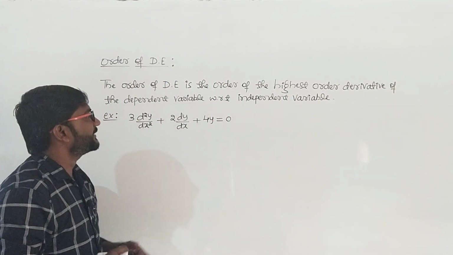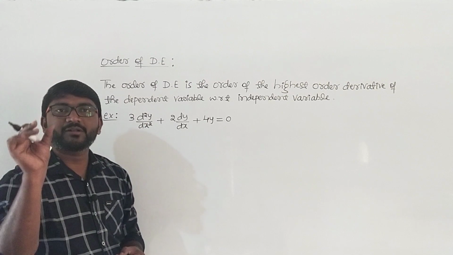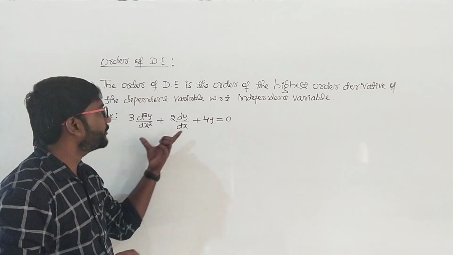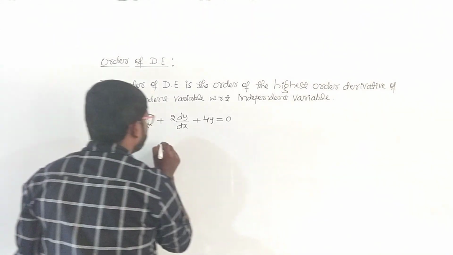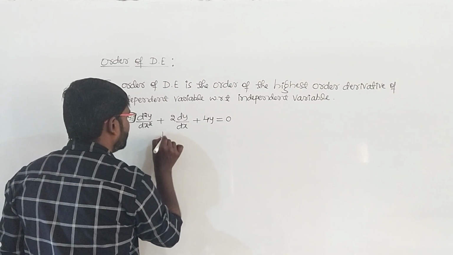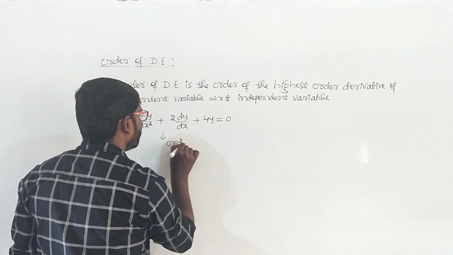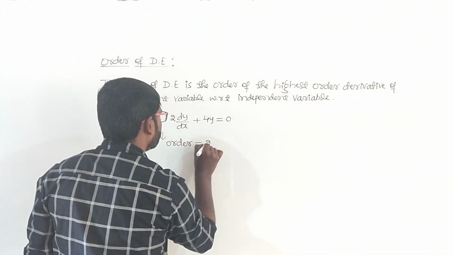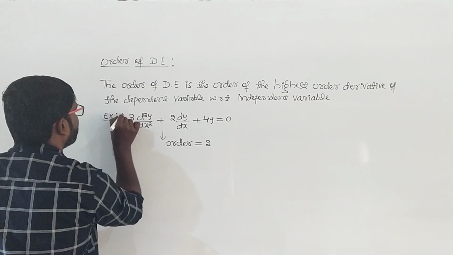In this differential equation, the highest order of the derivative is 2, therefore the order is 2. We have to write its order. Then we will give another example.